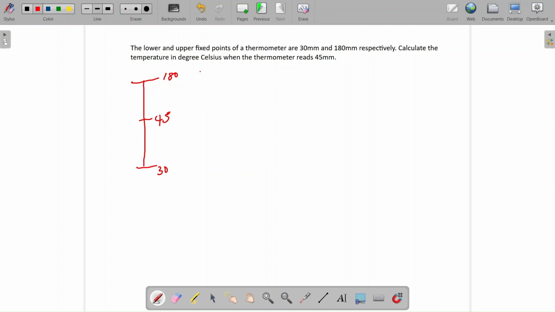This is the length parameter. So you are comparing it with when it is 0 to 100, what will be the length?